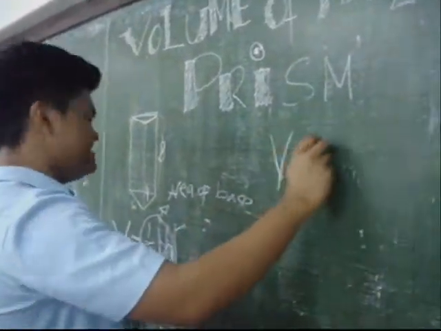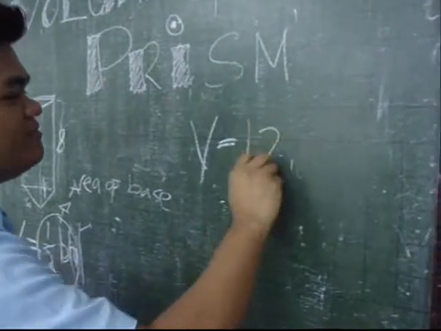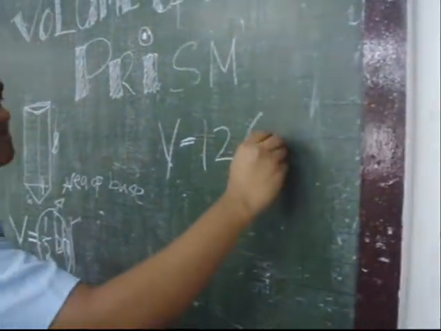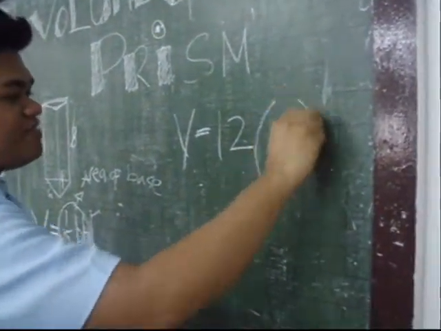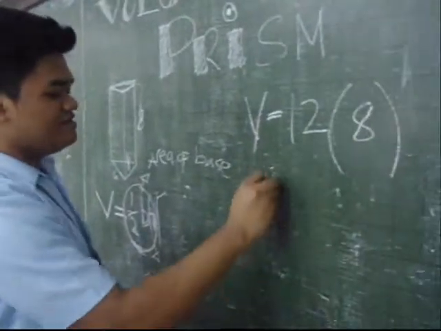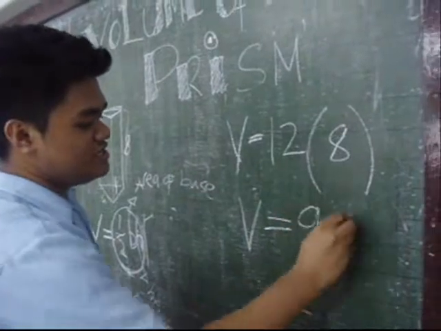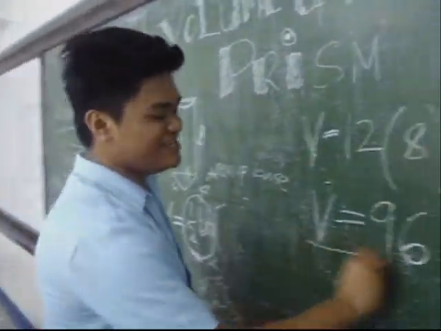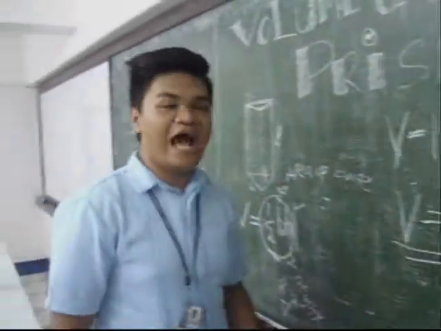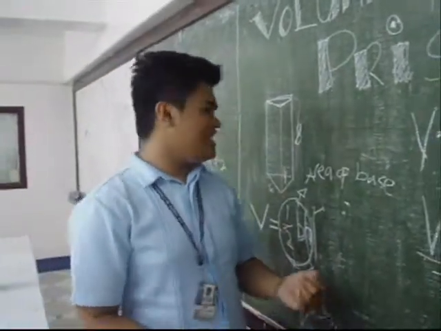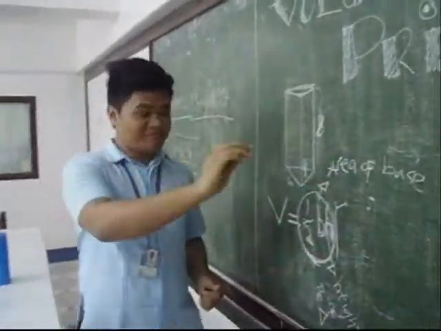The area, 1/2 base times height, is 12, and then the length is 8. So we multiply that and get the volume, which is 96. This 96 represents how many cubes are there in the triangular prism.